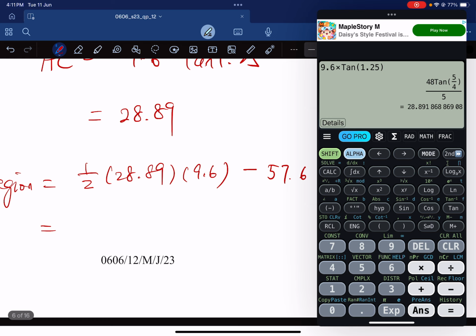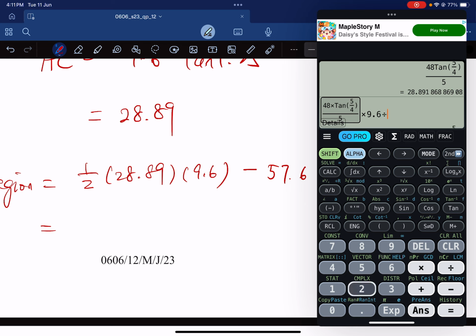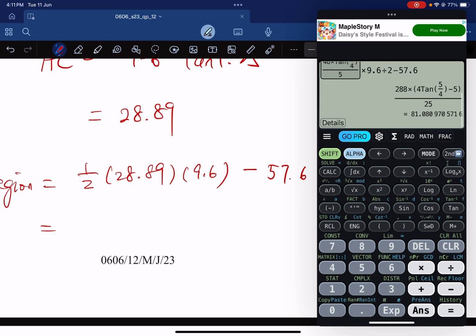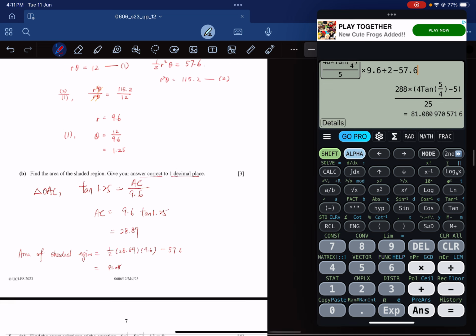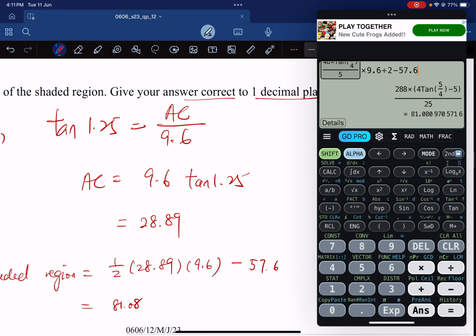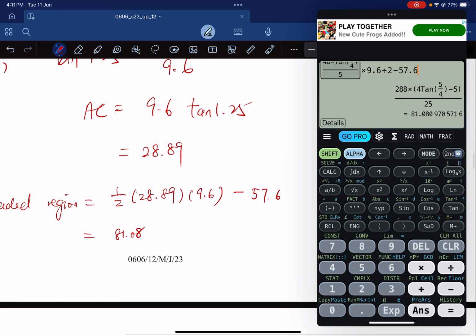So this would be the answer times 9.6 divided by 2 minus 57.6, which is 81.08. Give your answer correct to 1 decimal place, so 81.1 cm squared.